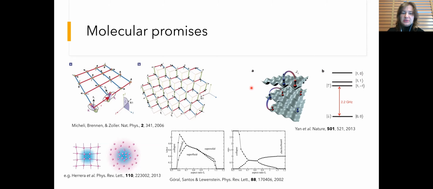So this is another direction people are moving in. Also, there were proposals that showed that they can simulate polarons, and they were shown to have rich phase diagrams that can be reached with ultracold molecules, coming from their dipolar properties.